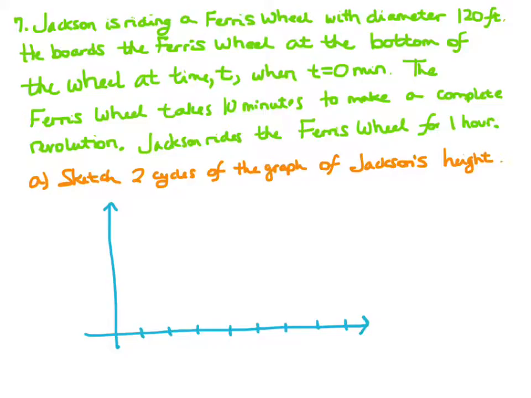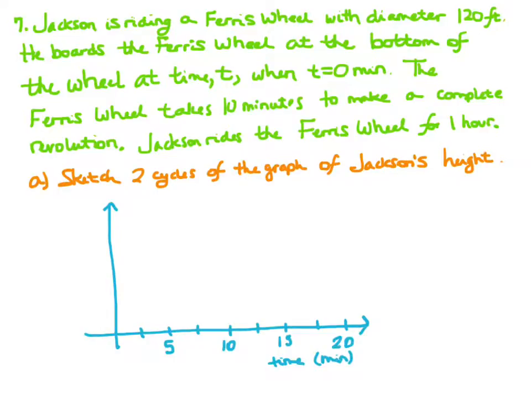So if I've got 8, I'm going to make this last one be 20. The fourth one would be 10. And then 5 and 15 in the middle there. And of course, this axis is time in minutes.